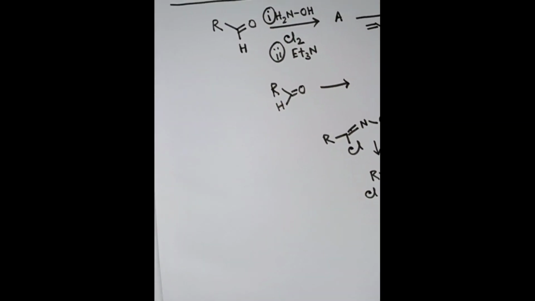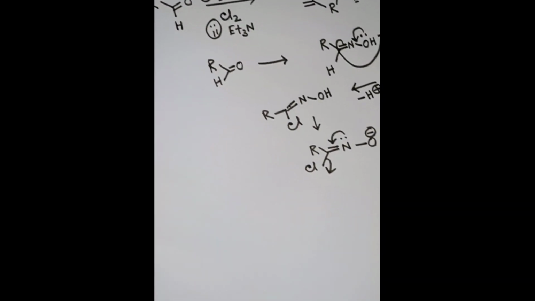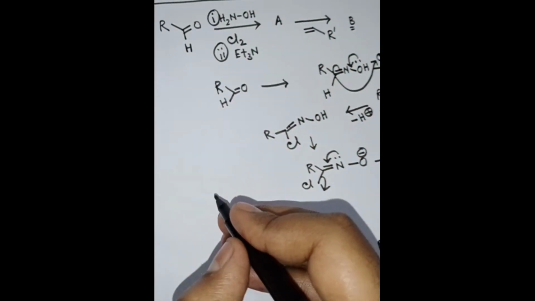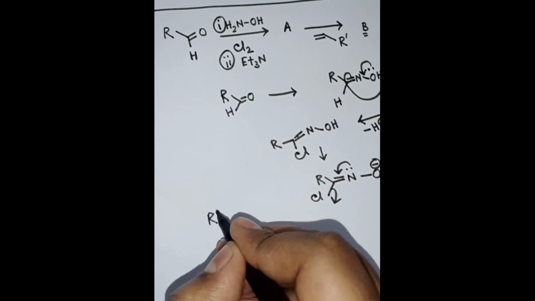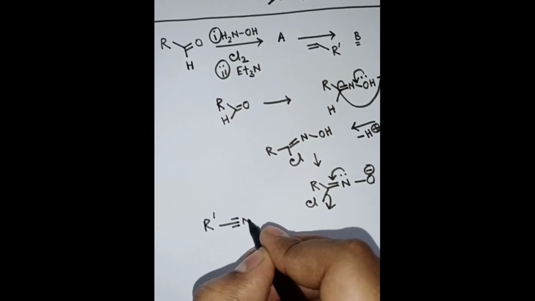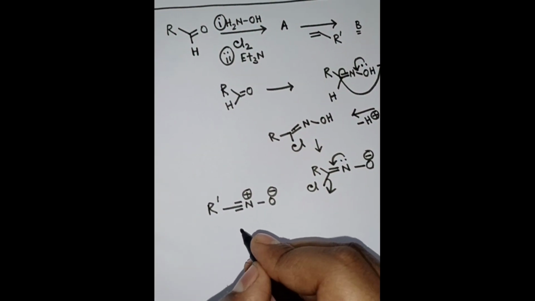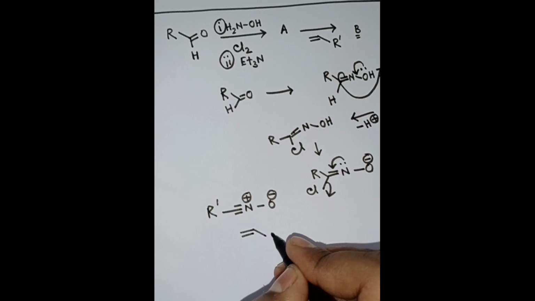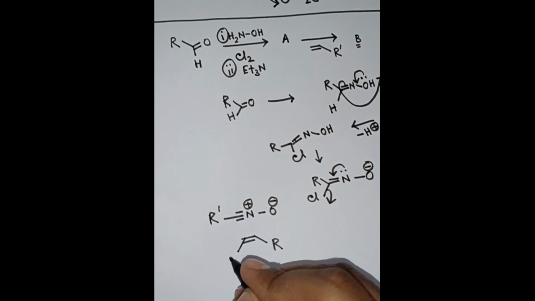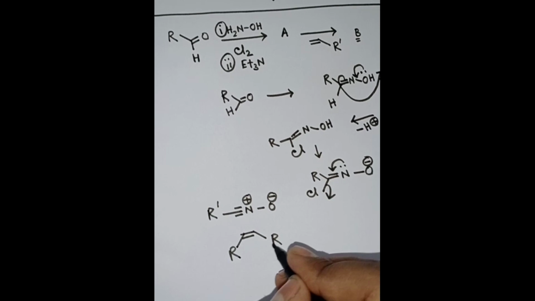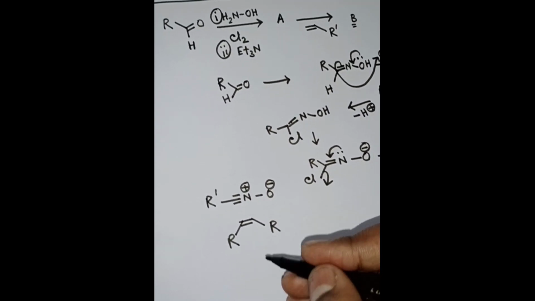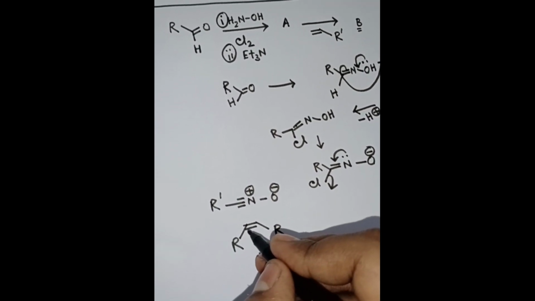Now I will discuss a little bit about the stereochemistry or the position of this substituent. Okay, suppose again I am taking the same 1,3 dipole, and if I use this dipolarophile having both substituents in the same direction, that means they are cis.